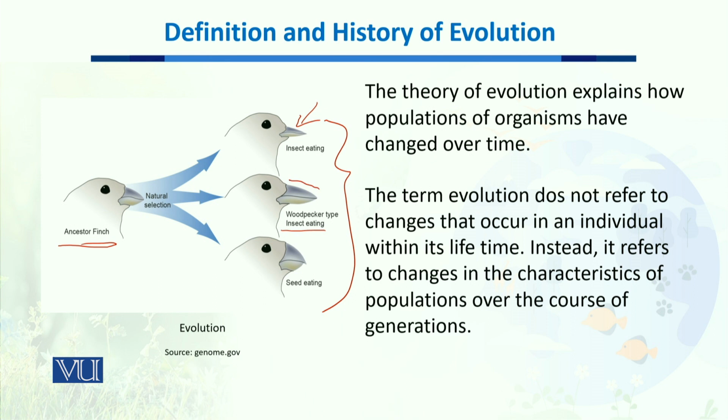Then we have a seed-eating finch. You can see the sharpness of this beak. It helps it to crack the hard shells of those seeds or nuts and makes it successful in eating seeds.